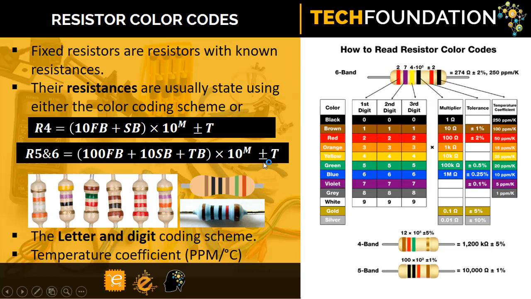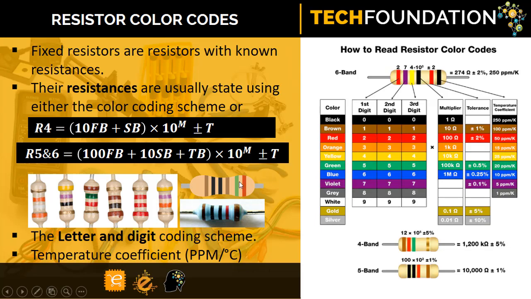Brown is 1, and in this case it is serving as a multiplier. Okay, so we have 10 raised to the power 1, which also gives us 10. So 100 times 10, that gives us what? 1000 ohm resistance. Then green here is the tolerance, and if we check green in the tolerance value, that is plus or minus 0.5%.